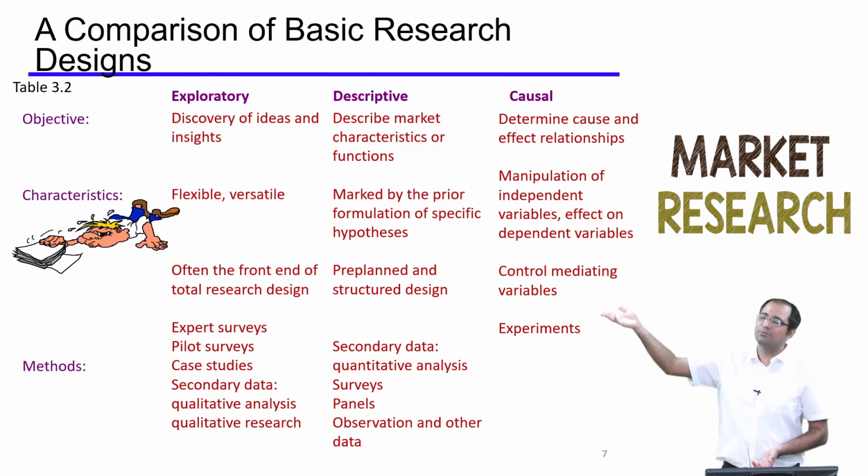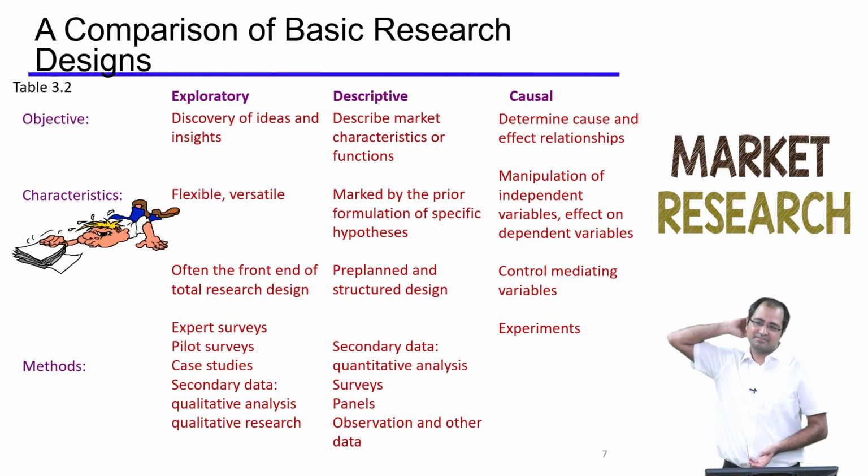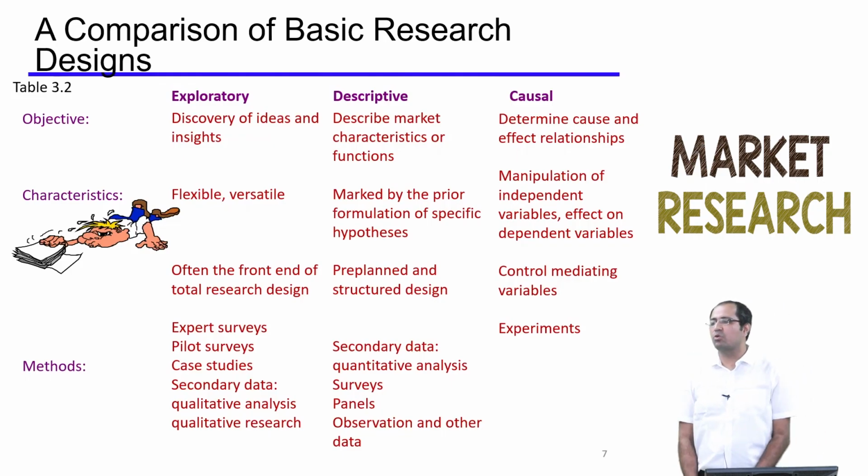Why do we have more and more of these research designs? In causal we have independent and dependent variables, which we can also have in descriptive. So descriptive is more about correlation.